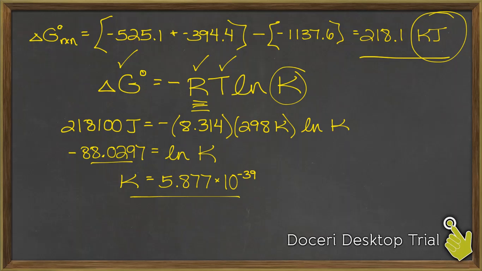Well, look at the K value. K is, remember, products over reactants. And this ratio is really, really small. So that's like rewriting products over reactants as a little product over a huge amount of reactants.